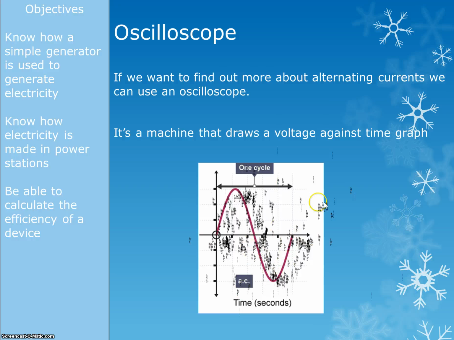So in order to make the bit that you can see here, I would have to have put a magnet into the coil and then pulled it back out again. Or I would have had to have rotated it all the way through 360 degrees. So the first section would be a half turn, the next section would be another half turn. But you just need to get the idea that we have to have movement to make these things, and half the movement gets you half of it, and you have to go back in the opposite direction to get the other half.